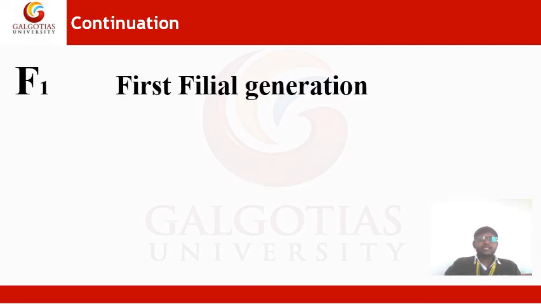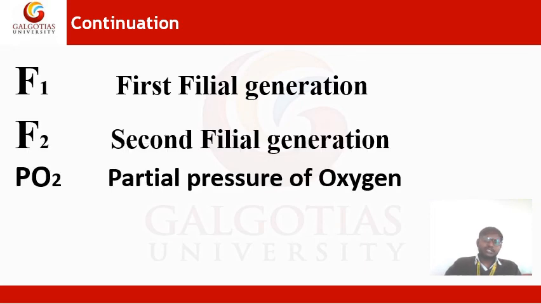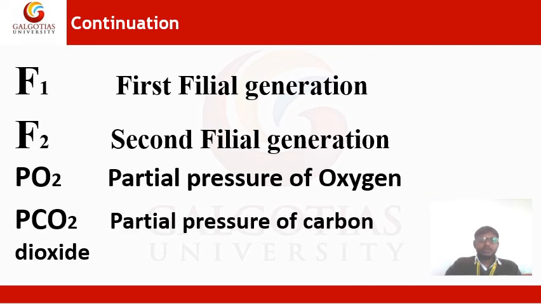And next, F1 means first filial generation, F2 means second filial generation, and PO2 is the partial pressure of oxygen, and PCO2 is the partial pressure of carbon dioxide.